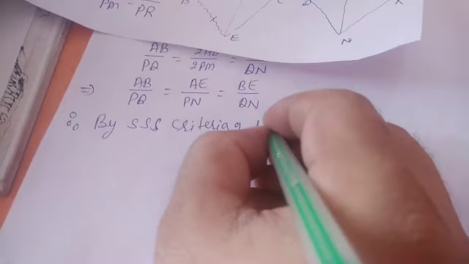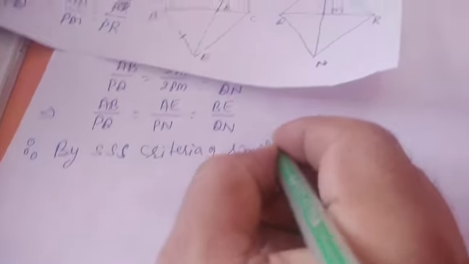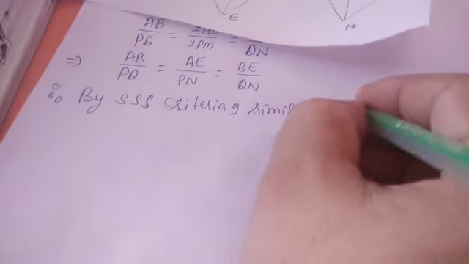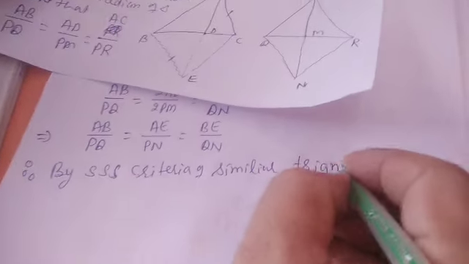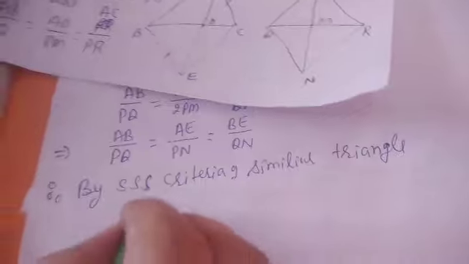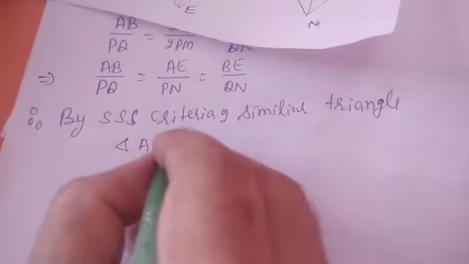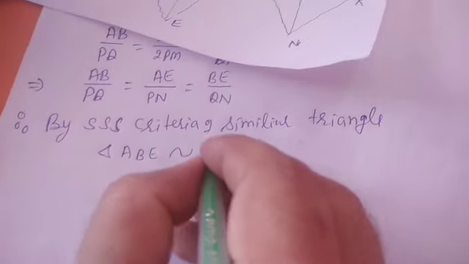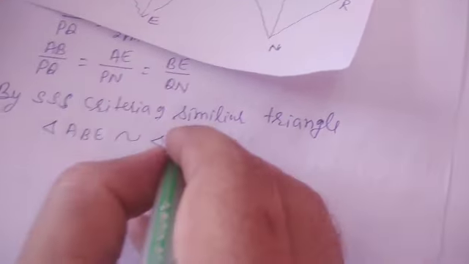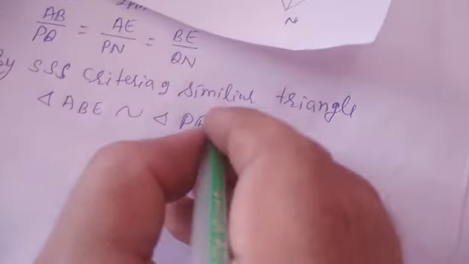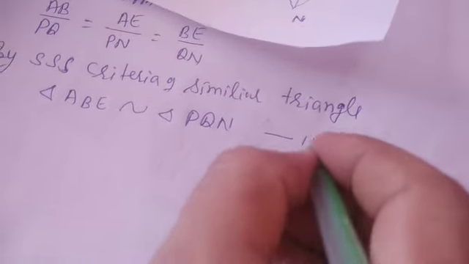SSS criteria of similar triangles, triangle ABE is similar to triangle PQN, and this is your first.